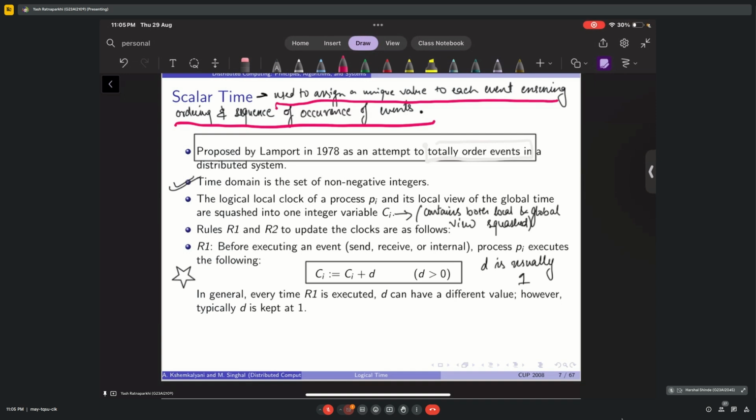There will be two rules. Rule number one: before executing an event, the process pi executes the following. The clock will increment the existing clock by a variable d. In general, every time R1 is executed, d can have different values. However, typically d is kept as 1.